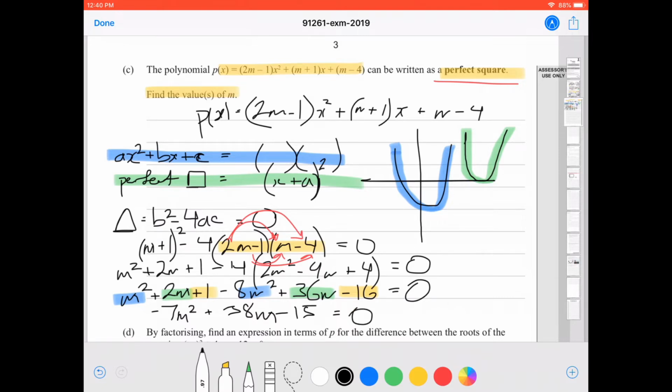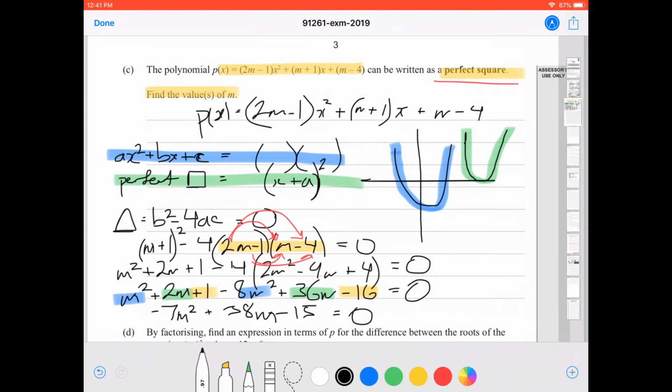And at this point, we can use our quadratic solver. Interestingly, the marking schedule uses a positive m squared term, so they basically change the operation of each of our terms. Let's just check if that matters when solving the quadratic. So let's use negative 7, positive 38, and negative 15.